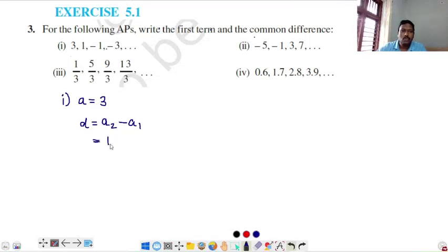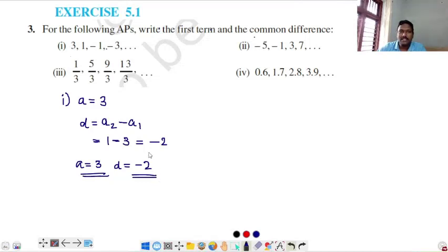What is A2? 1. Minus, what is A1? A1 is equal to 3. 1 minus 3 is minus 2. So we can say the first term A is equal to 3, and the common difference D is equal to minus 2.